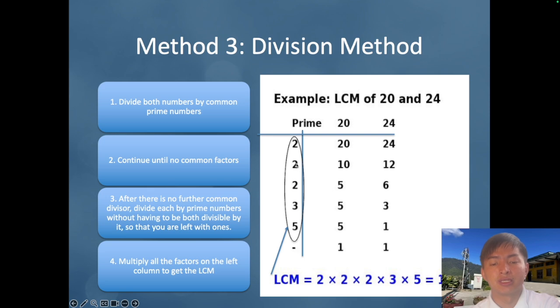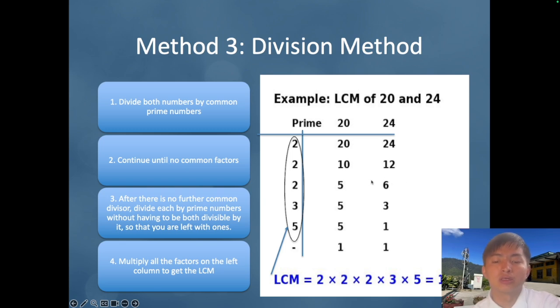And similarly again, start with 2 and you'll find out both 10 and 12 are divisible by 2. You get 5 and 6. Now it is at this point you'll see that 5 is a prime number, so there's only one and itself that will divide 5, whereas 6 is a composite number and it still has some prime factors in it.